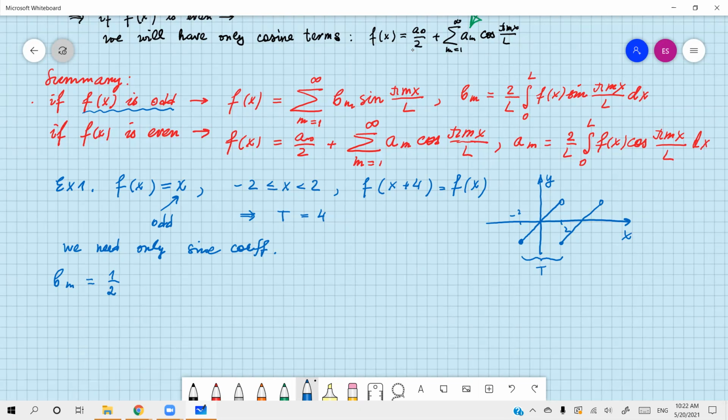I'm thinking if I want to set everything correctly, okay, let me start. So sine coefficients are going to be what? 2 over L. What is my L? Guys, we remember that the period is 2L. So in this case, L is going to be 2 units, right?